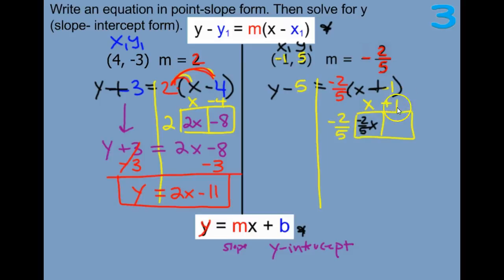Negative 2/5 times 1, well, happy and grumpy, they don't get along, so it's still negative. 2/5 one time is still 2/5. Just like 8 times 1 is 8, 10 times 1 is 10, 2/5 times 1 is still 2/5. So here we have y minus 5 equals negative 2/5 x minus 2/5.